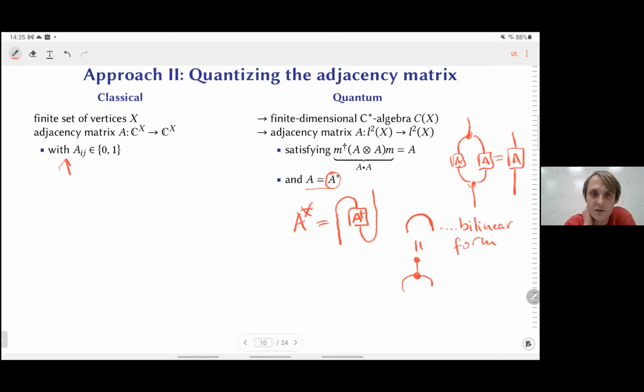Yeah, I draw it from bottom to top, because in literature about quantum graphs, they use this notation. I was used to drawing it from top to bottom before. There are also people drawing it from left to right or right to left. I think there's not a single convention, unfortunately.